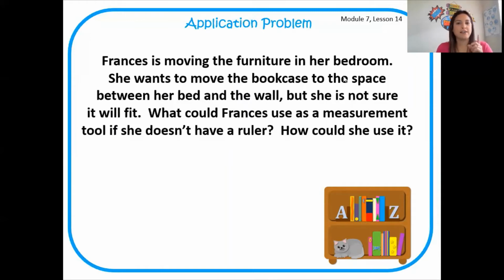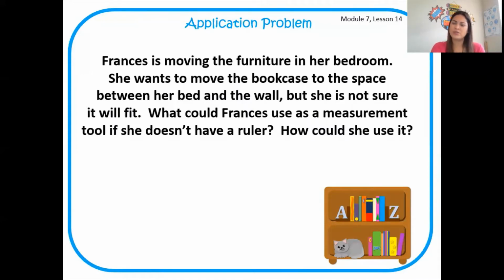So let's think again. Frances is moving furniture in her bedroom, and she wants to move a bookcase. Imagine this little bookcase that I put right here as the bookcase. She wants to move that bookcase to the space between her bed and the wall, but she's not sure if it is going to fit, because she doesn't have a ruler.